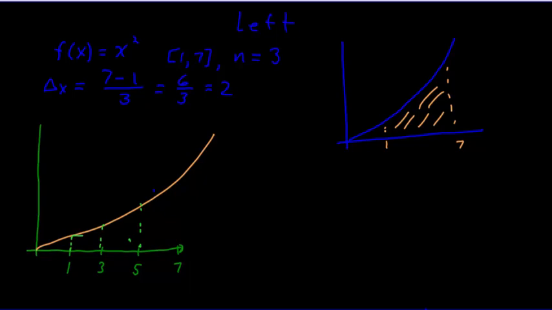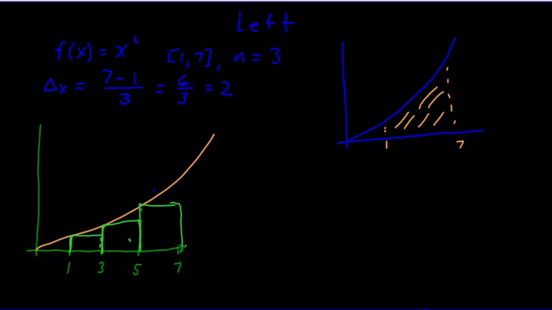Then I come over here to 7. See, there's our 3. So notice what I did. I just went to the 1. Since it's a left sum, I'm going to go with the left endpoint and go up until I hit the curve. Then I come over here to the next one, go up until I hit the curve. Come over here to the next one, go up until I hit the curve. And that's the 3 rectangles.